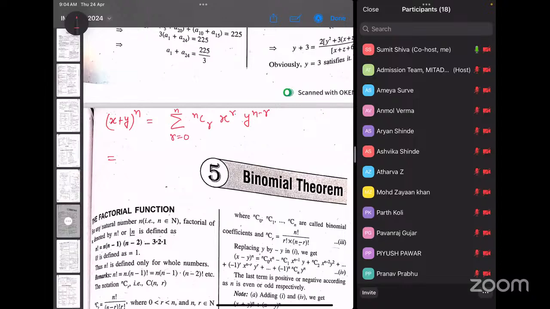If you rearrange it, it will look like NC0 x raised to 0 y raised to n plus NC1 x raised to 1 y raised to n minus 1.